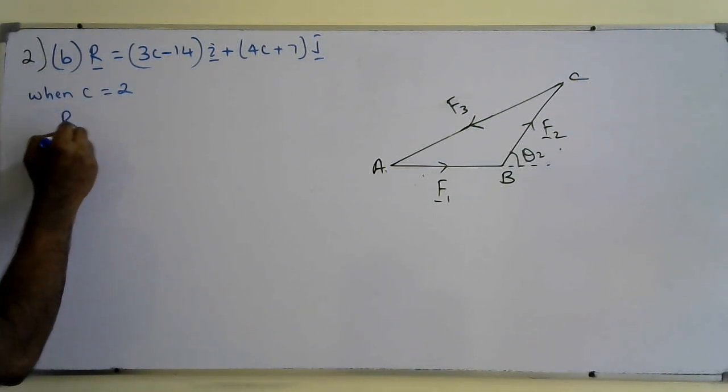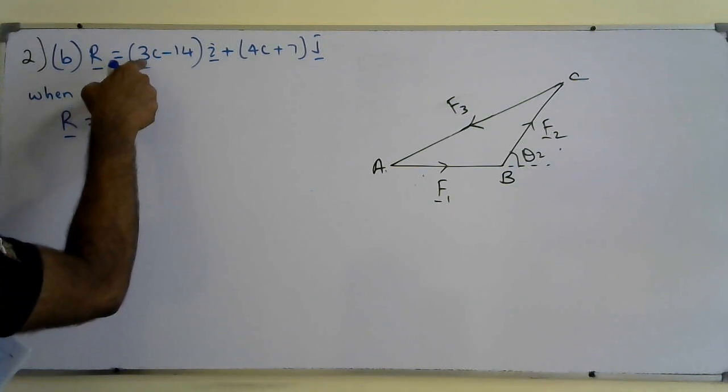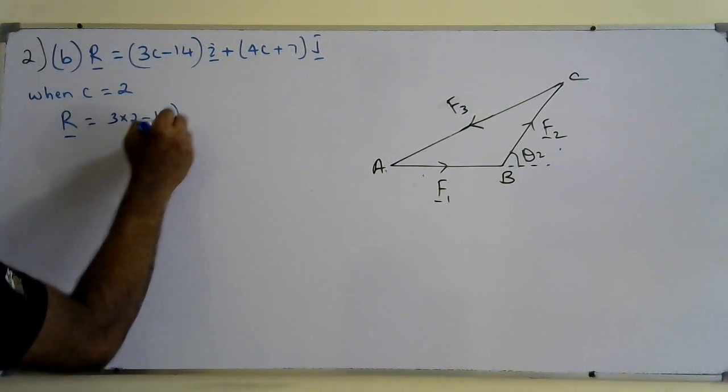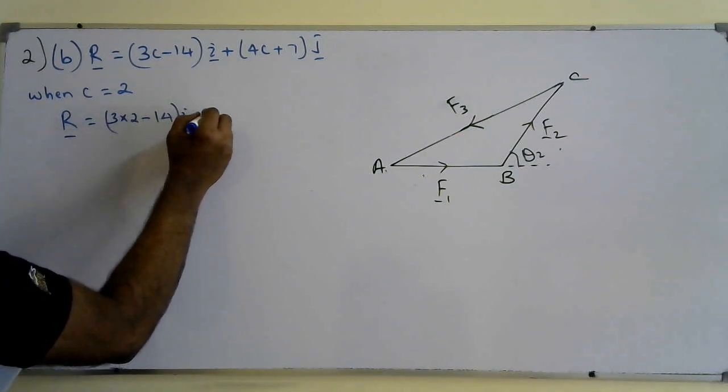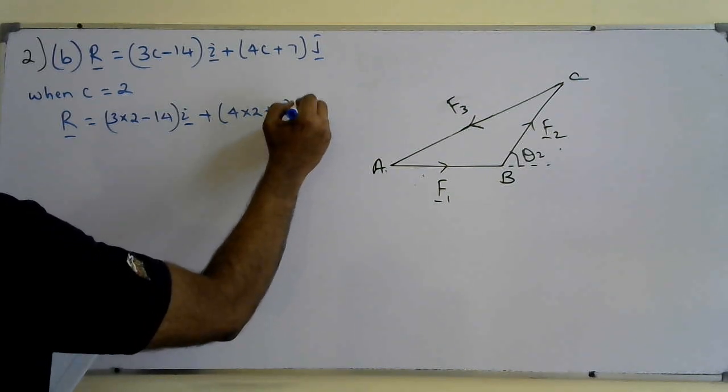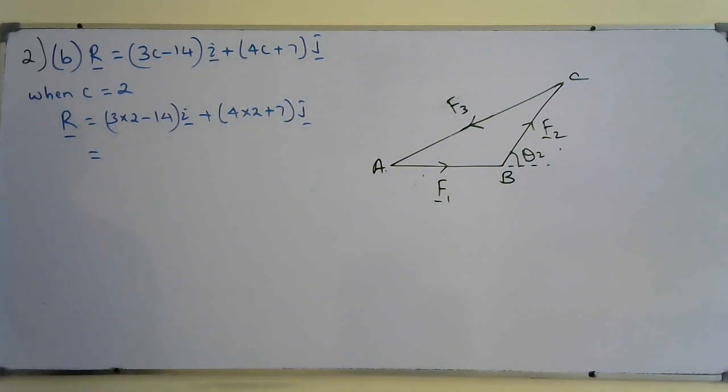the resultant vector of F1 and F2 will be (3 times 2 minus 14)i plus (4 times 2 plus 7)j.